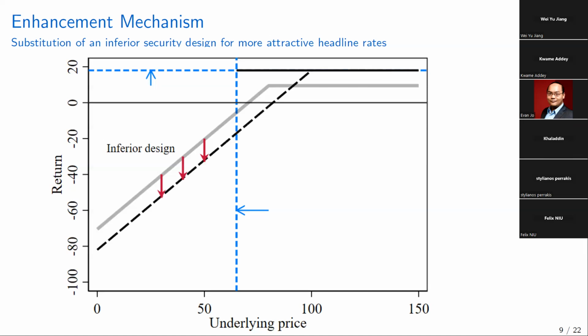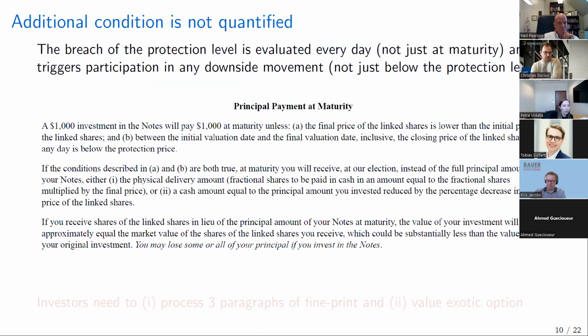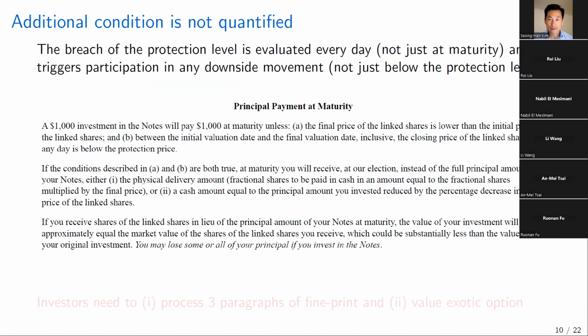So when it comes to what the investors see with respect to this more complex, inferior security design, they see a fine print, so 3 paragraphs of fine print that describes the shape of the payoff diagram. These 3 paragraphs basically describe that this security embeds the knock-in barrier option. So the breach of the protection level is evaluated on every single day.